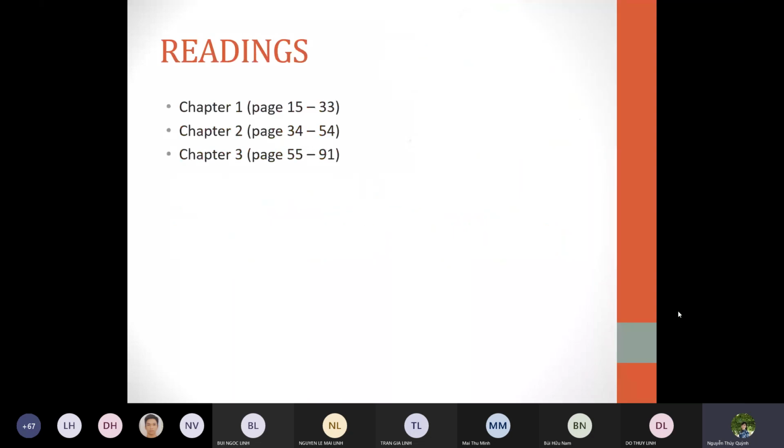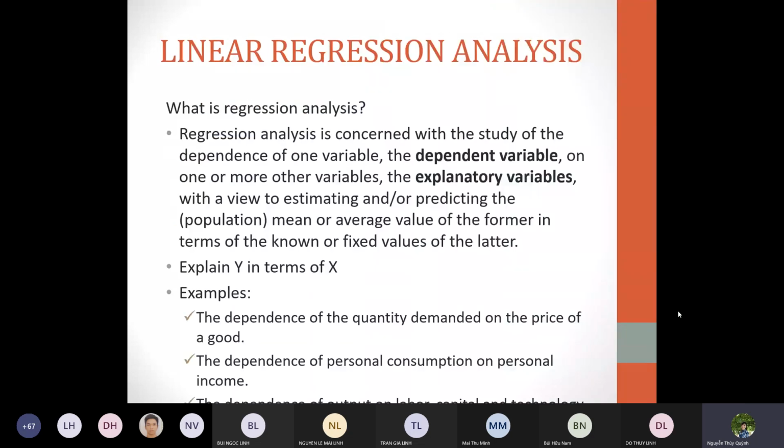Okay, so let's start with the definition of regression analysis.